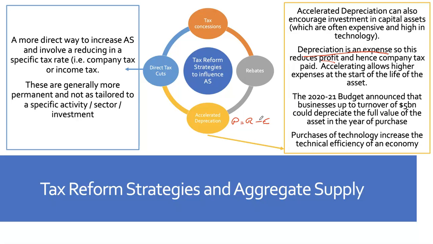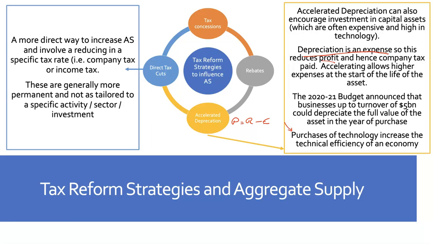And you're going, why would a business want to have less profit? Businesses pay tax on their profit. So essentially, businesses being able to have more depreciation will be paying less tax. And we're happy to do this because purchases of technology increase the efficiency of an economy, particularly the technical efficiency.